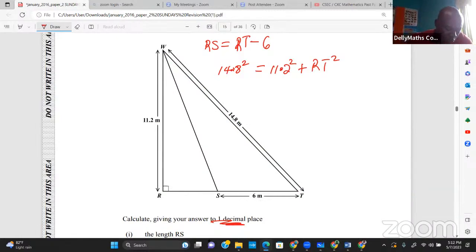So we're going to calculate our way out. So I have 219.04, which is equal to 125.44.